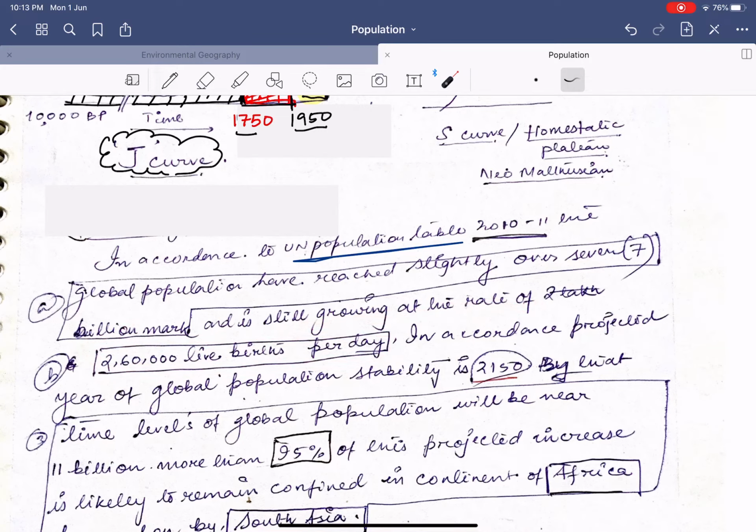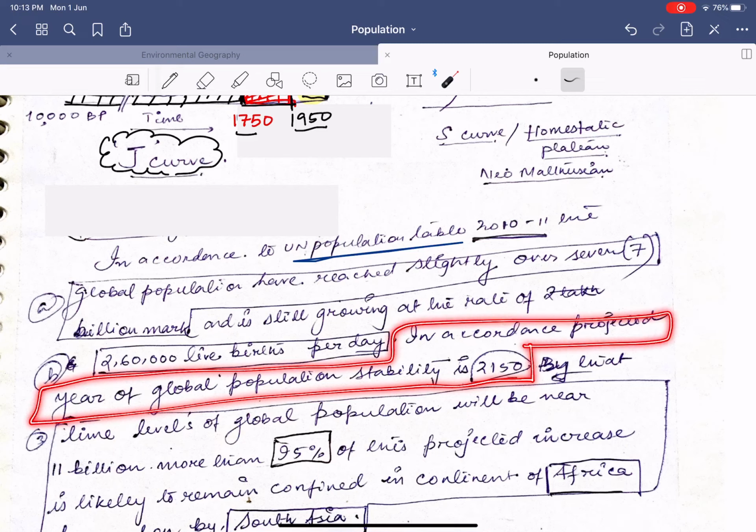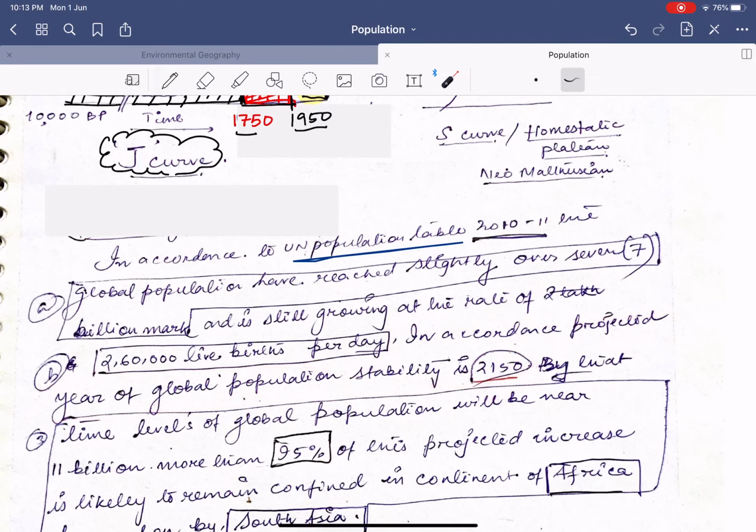Simple. Accordingly, the projected year of global population stability is 2150. What does the statement mean? It means that by 2150 the global population will become stable, and by that time the level of the global population will be near 11 billion.